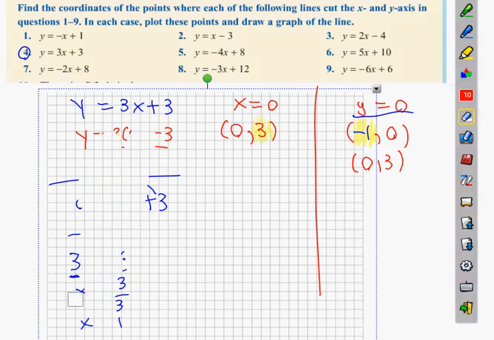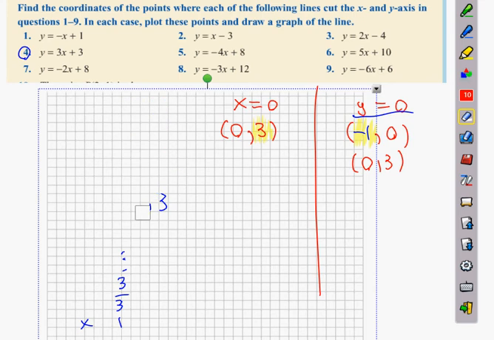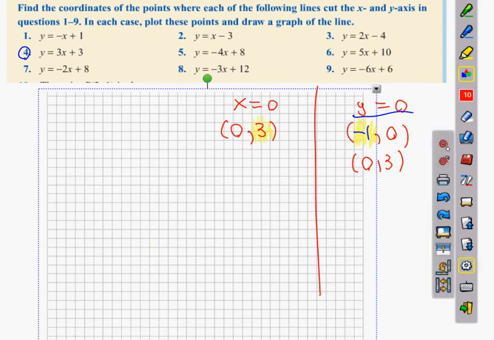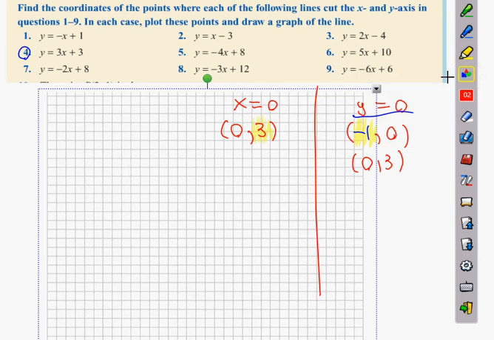So to draw your diagram, what you're going to do is set up an XY axis, like so.